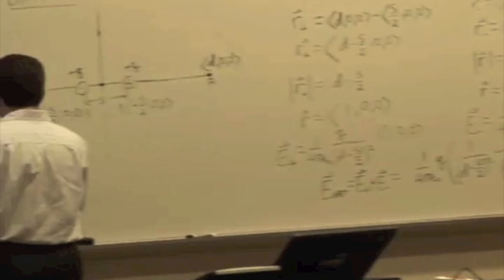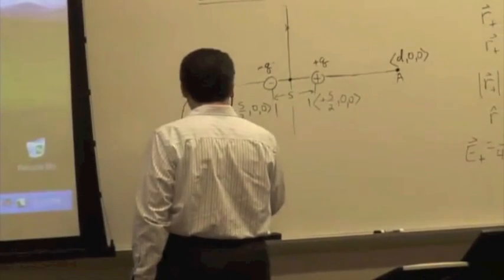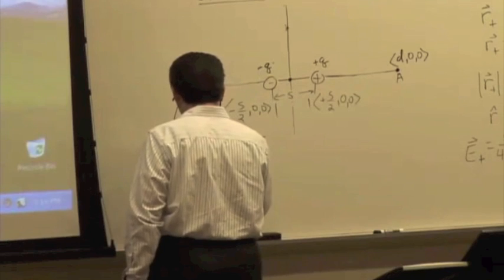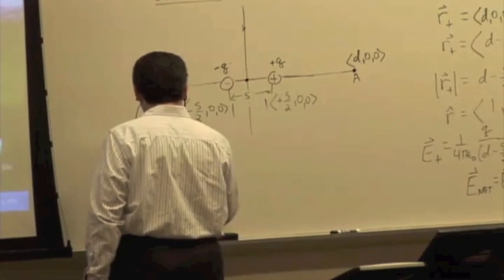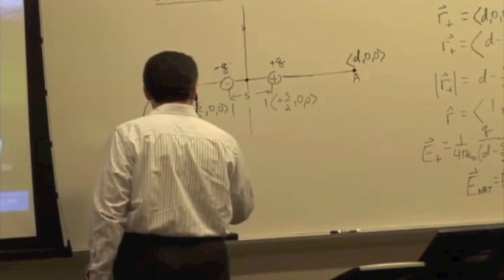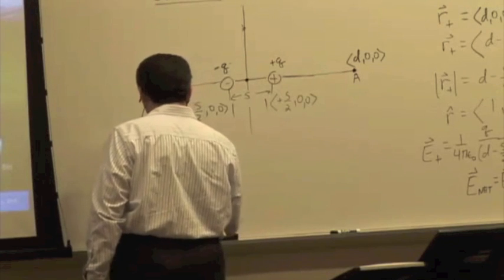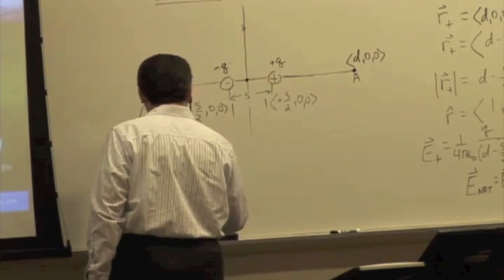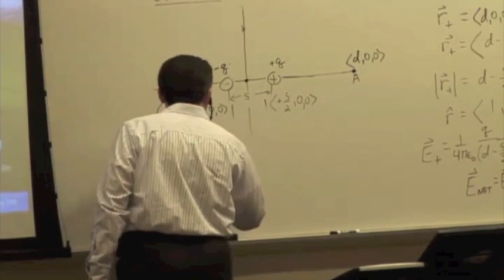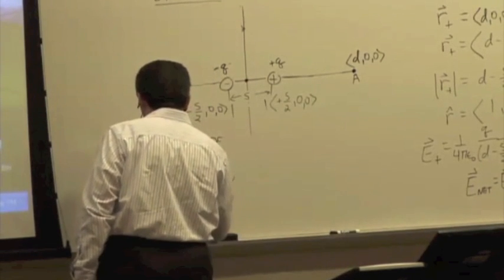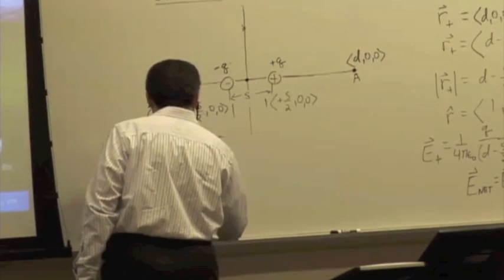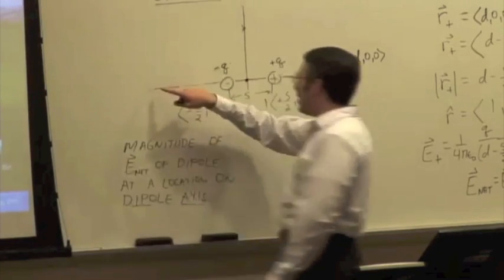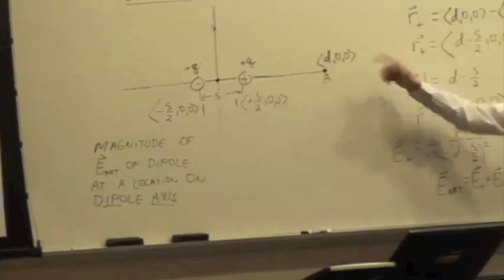What we just found is the magnitude of the electric field, net electric field of a dipole at a location on the, what I'm going to call the dipole axis, meaning the axis that runs through the two charges, okay?